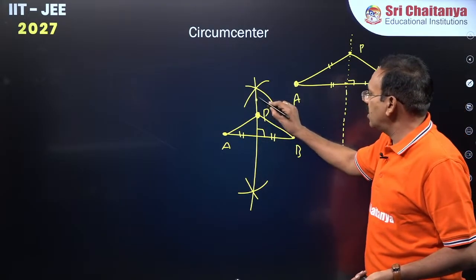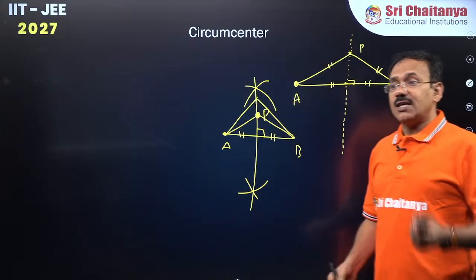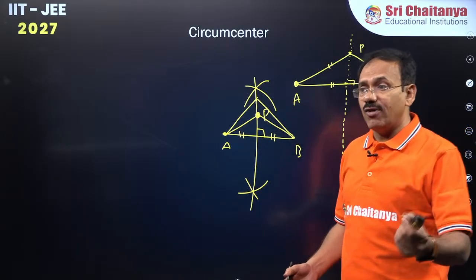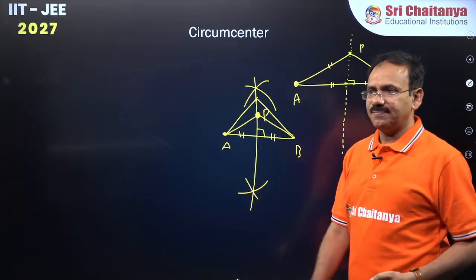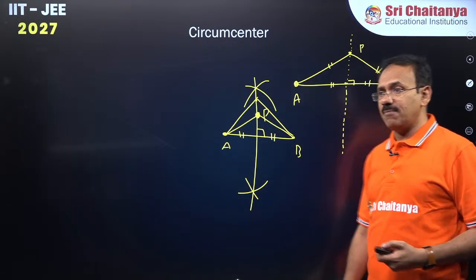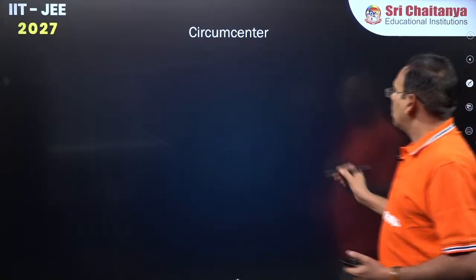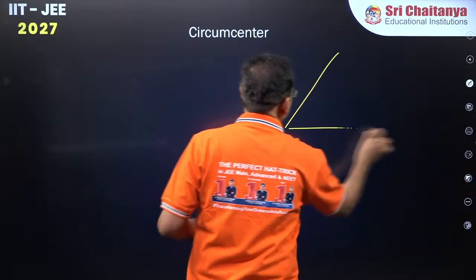You take Q here, AQ is equal to QB. This is nothing but the set of all points which are equidistant to A and B. Clear? Set of all points which are equidistant to A and B. Chalo. Now, dear students, you take triangle ABC, bhaiya.